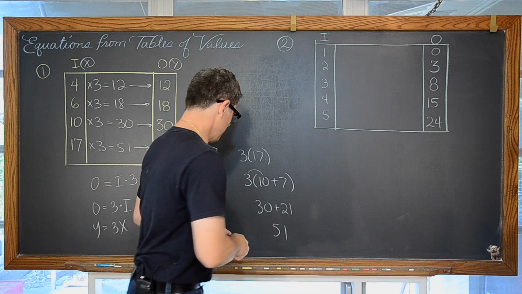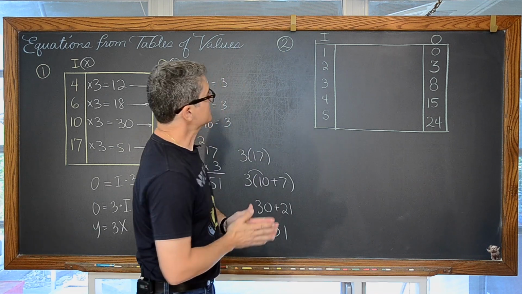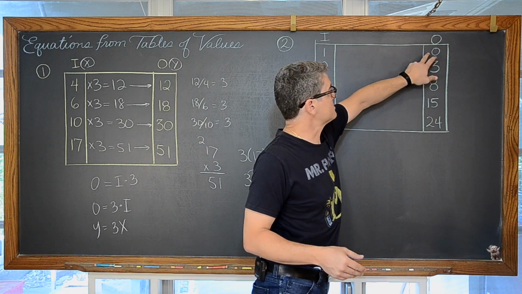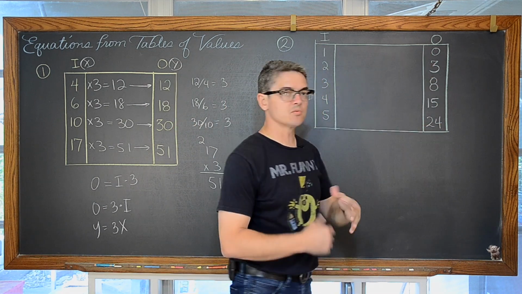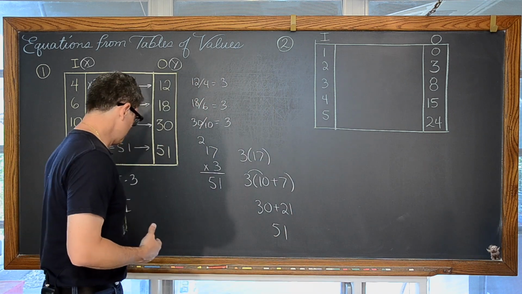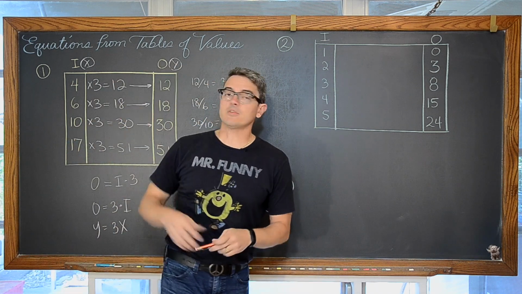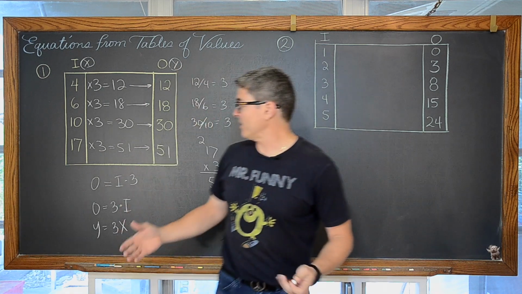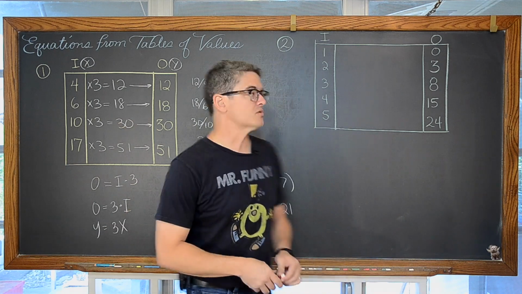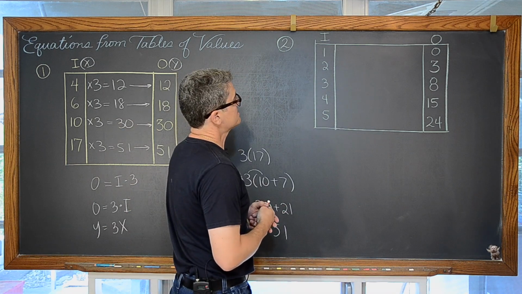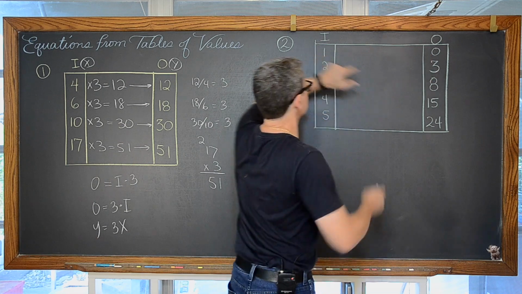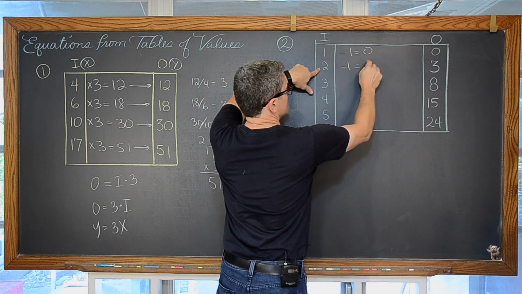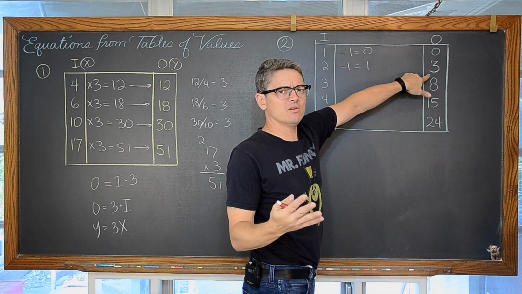Now over here in green, we've got 1, 2, 3, 4, 5, and our values are 0, 3, 8, 15, and 24. When you're first starting to work with these problems about coming up with equations from tables, quite a few in the beginning will just use one math operation, like we had here, where it was simply a multiplication by 3. So you might be going, well, let's see, 1 becomes a 0, so maybe it's 1 minus 1 is 0, but then 2 minus 1 is equal to 1, but our answer over here is actually 3.